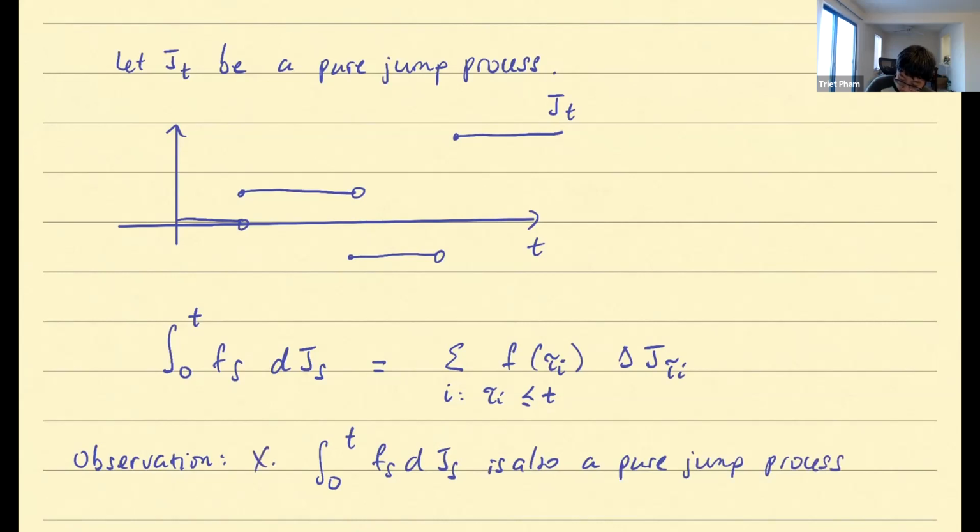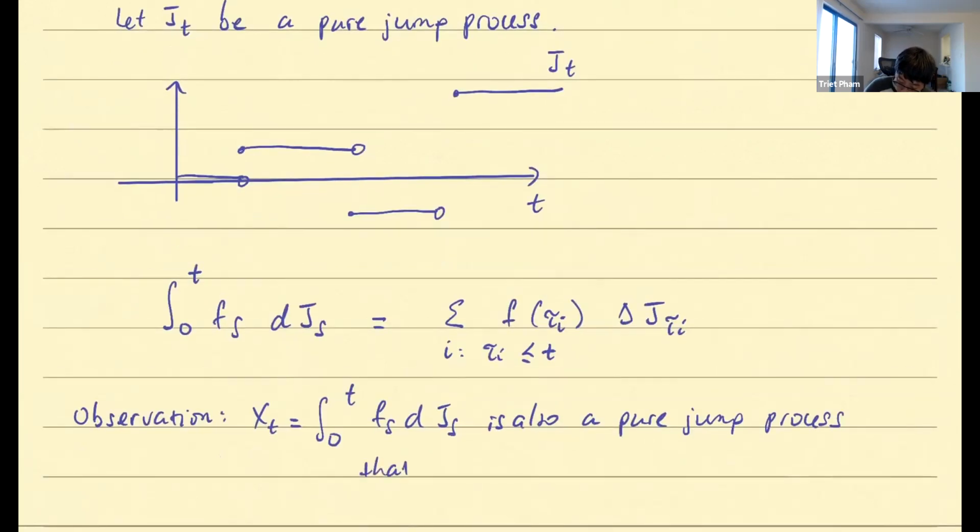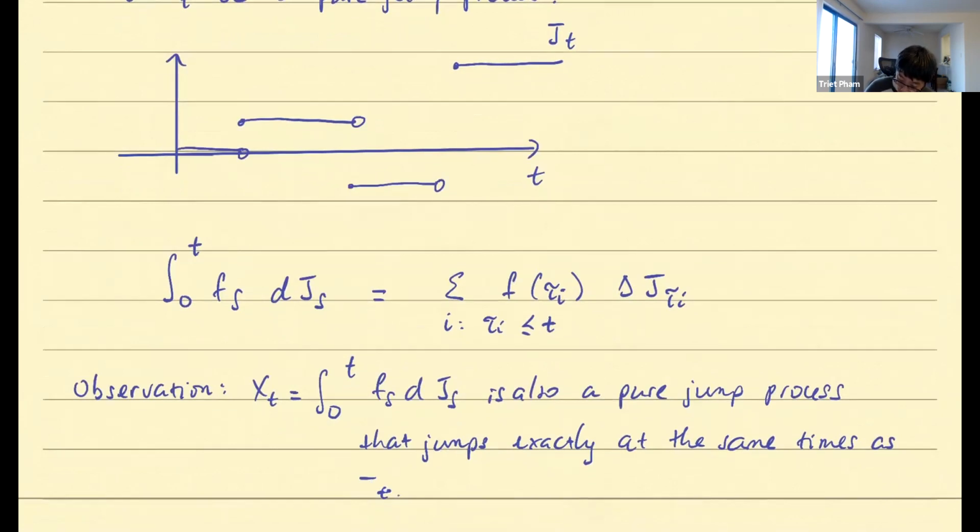You can call it X_t or something, or Q_t, that jumps exactly at the same time as J. So in other words, if you have a pure jump process, you can integrate against it. What you get is just another pure jump process.